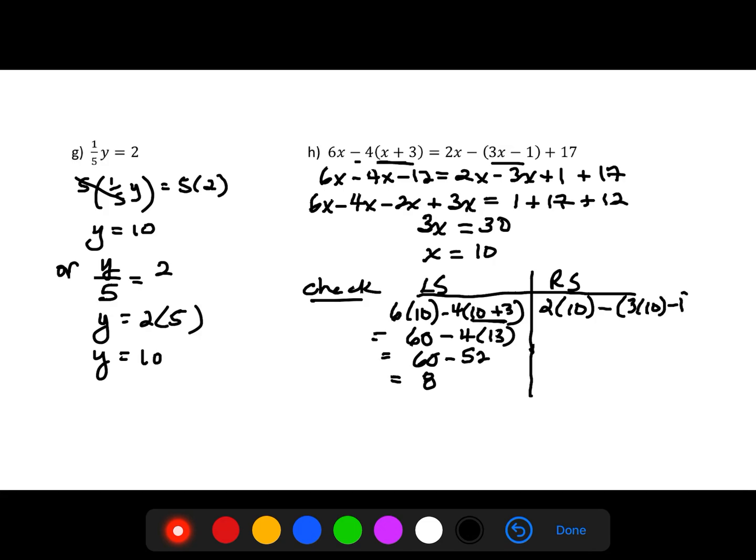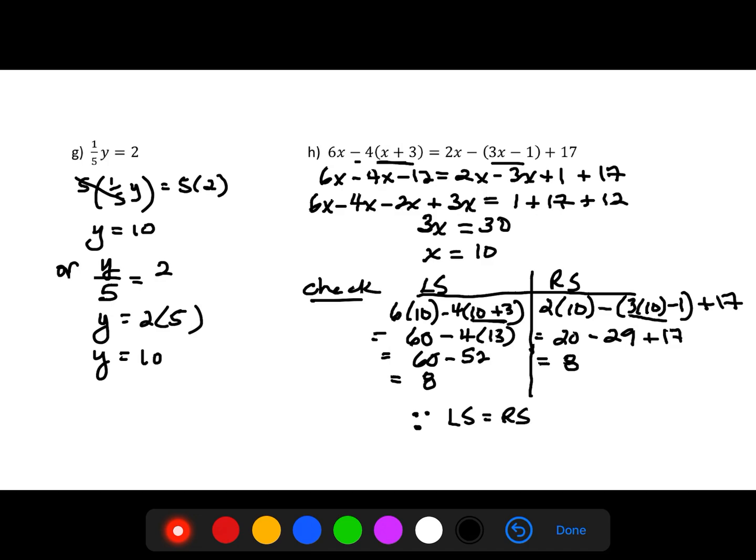On our right-hand side, we're going to have 2 times 10 minus 3 times 10 minus 1 plus 17. Simplifying, 20 in our brackets, multiplication first, 30 minus 1 means we're going to minus 29, and plus 17, which also gives us 8.